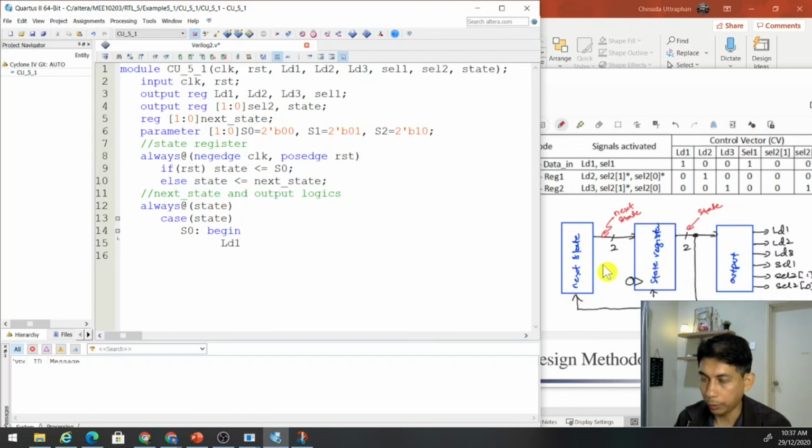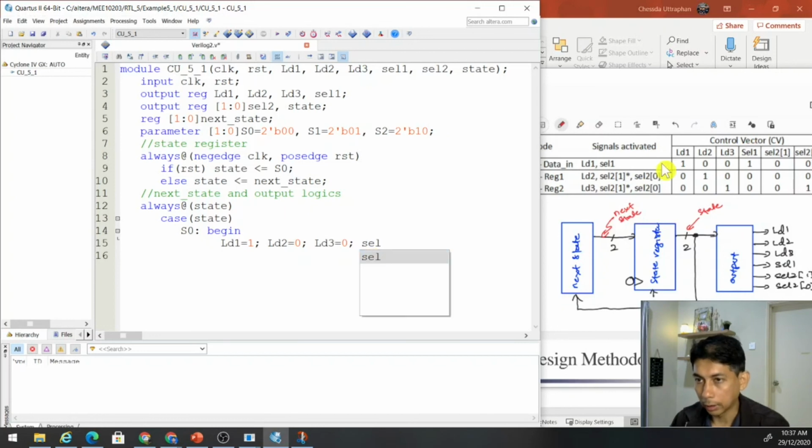LD1 should be equal to 1 in this case, right here, and LD2 should be equal to 0. LD3 should be equal to 0.